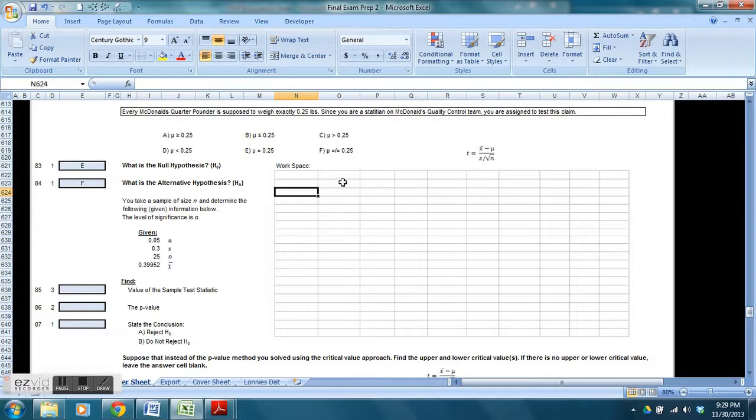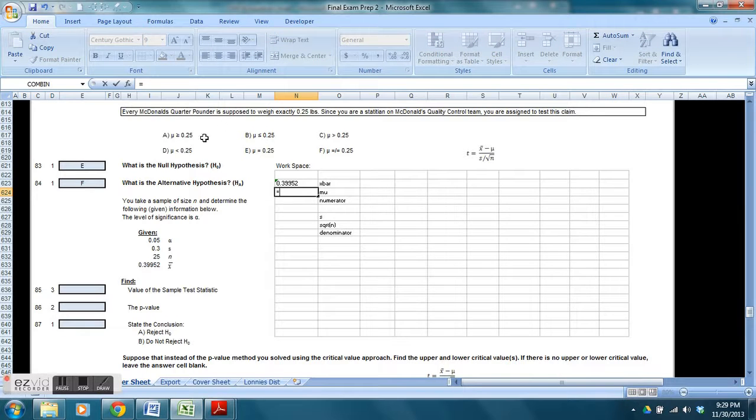Anyways, we can come up with our t statistic right here, so that's what we're going to do to find our sample test statistic. We have x bar, mu, and then we can come up with the numerator. Then we have the s, which is our sample standard deviation, and the square root of n. And then we can solve for our denominator. We have x bar, this is given to us.